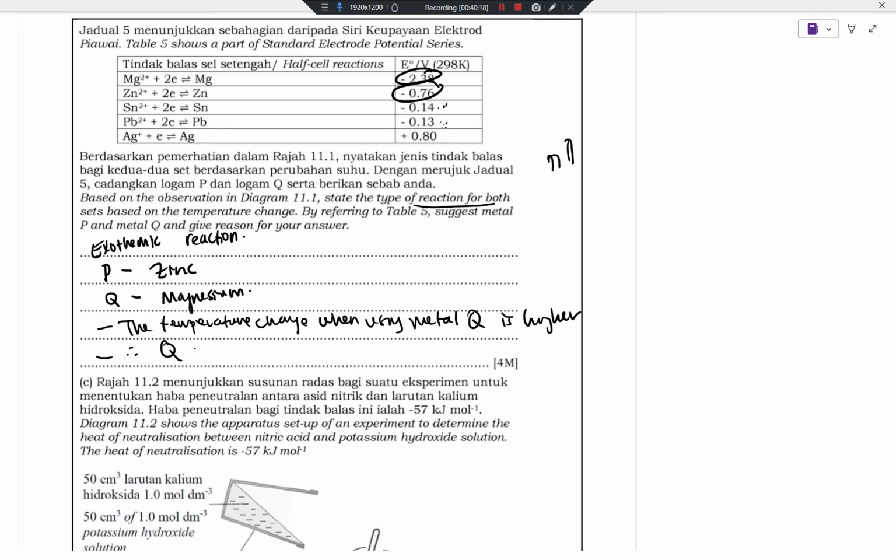Therefore, Q must be more electropositive than P. You also need to relate to the E naught value, because they have given the E naught value table. So you can say the E naught value of Q is more negative than P. More negative means more electropositive. Remember that.